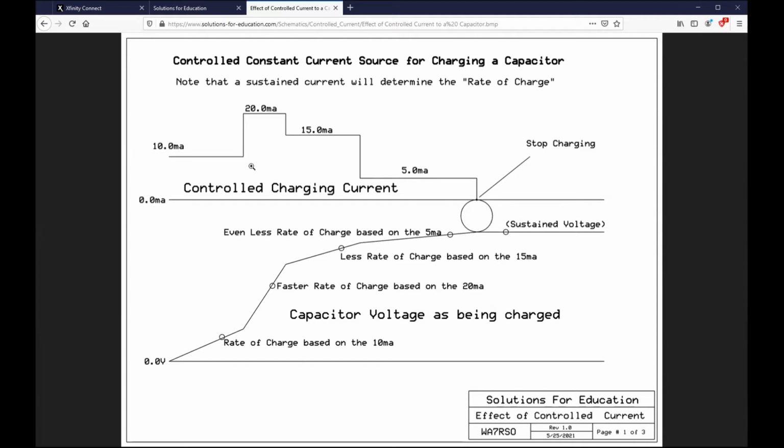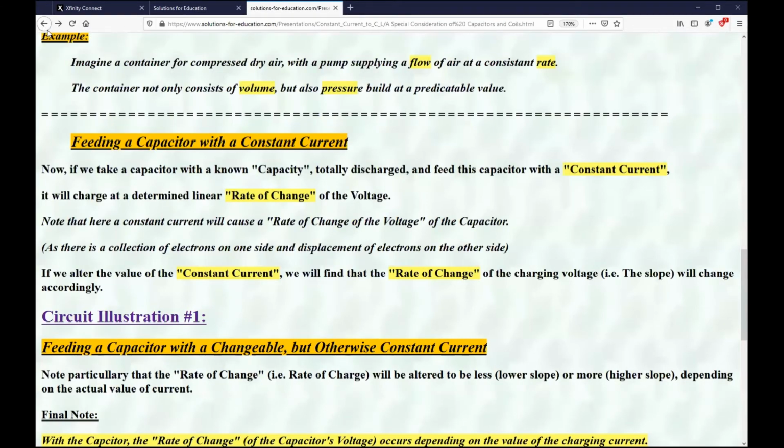All right, questions? Any questions? Okay, now that's for capacitors. Going back here, note particularly that the rate of change, which is the rate of charge, will be lower slope or higher slope, depending on what? The actual value of current. Remember, we're emphasizing that we're driving current into this circuit.